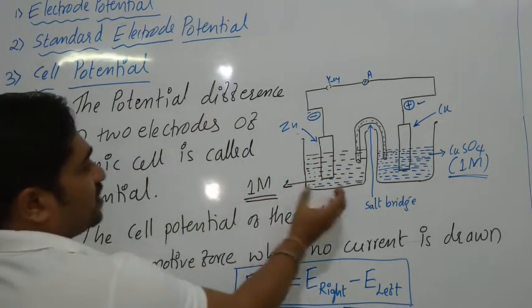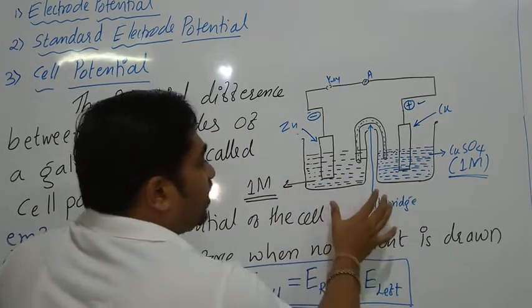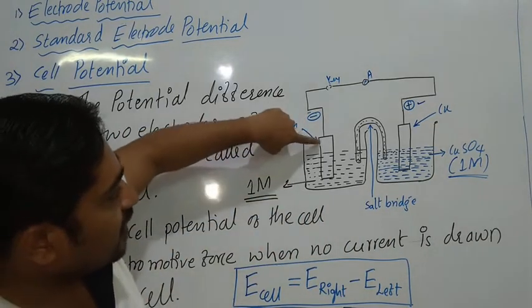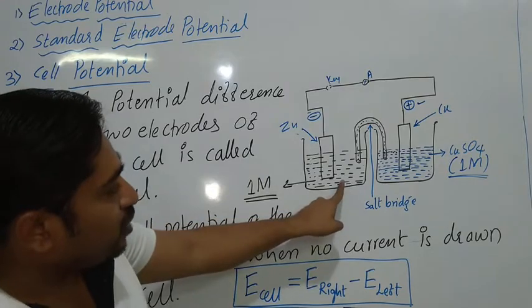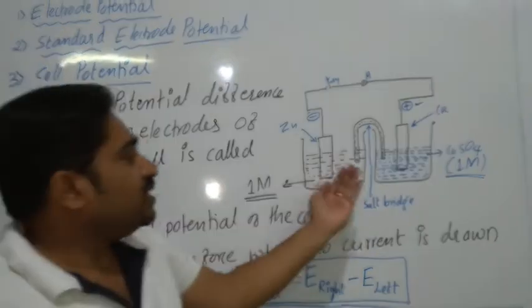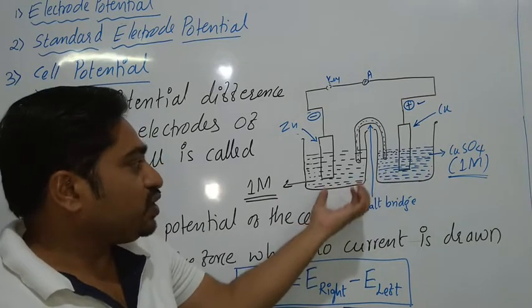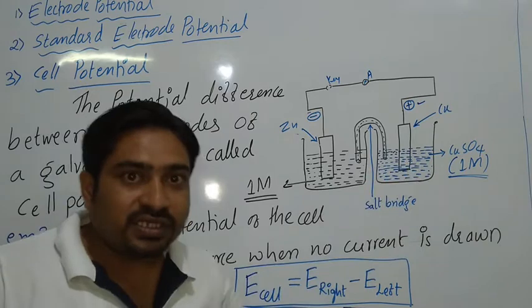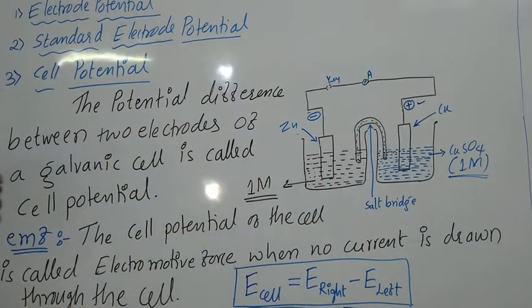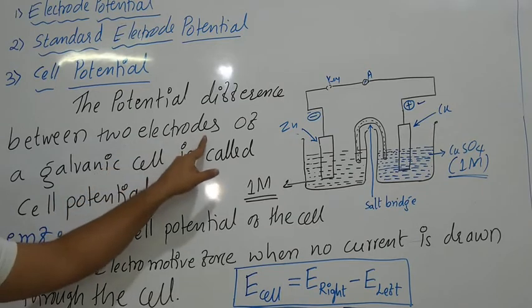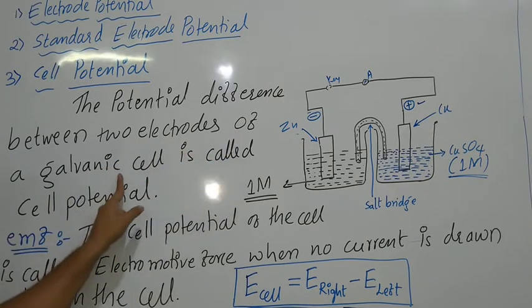The potential difference between this electrode and this electrode is called cell potential. In the same manner, the potential difference between these two electrode potentials is nothing but cell potential. Simply, the potential difference between two electrodes of a galvanic cell is called cell potential.